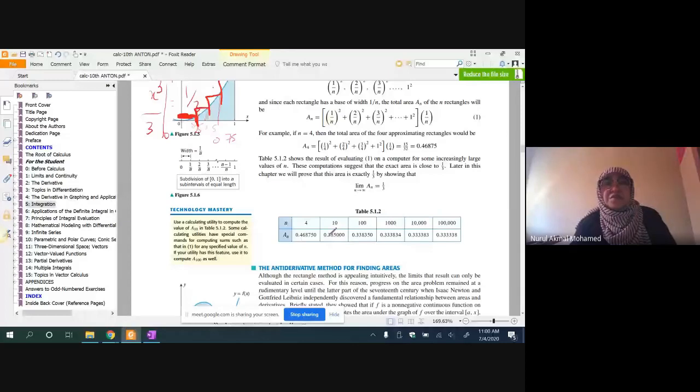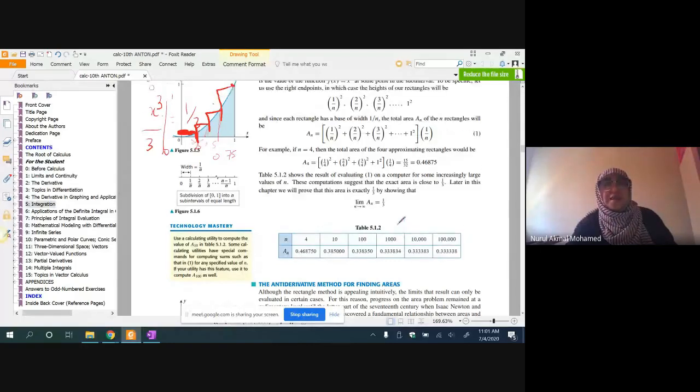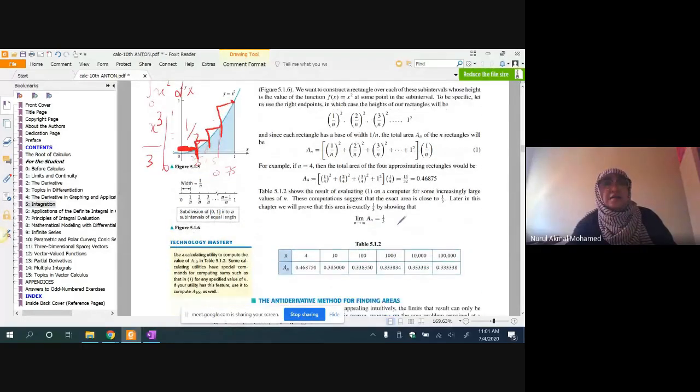But if you use a greater number of n, it will get closer to the value of 1/3. So here, if you use n equal to 100,000, the value is very close to 1/3. So that is how you approximate the area under the curve.